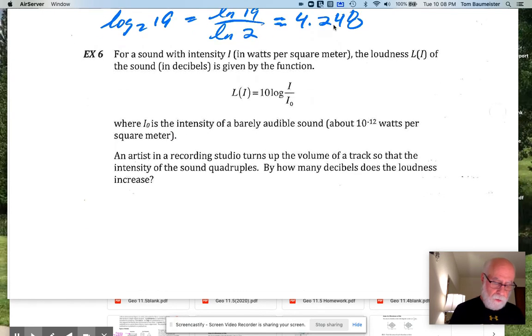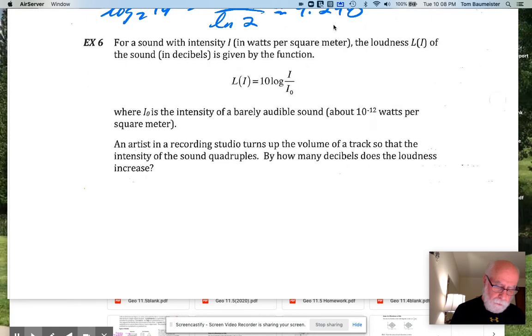An artist in a recording studio turns up the volume of a track so that the intensity of the sound quadruples. By how many decibels does the loudness increase?